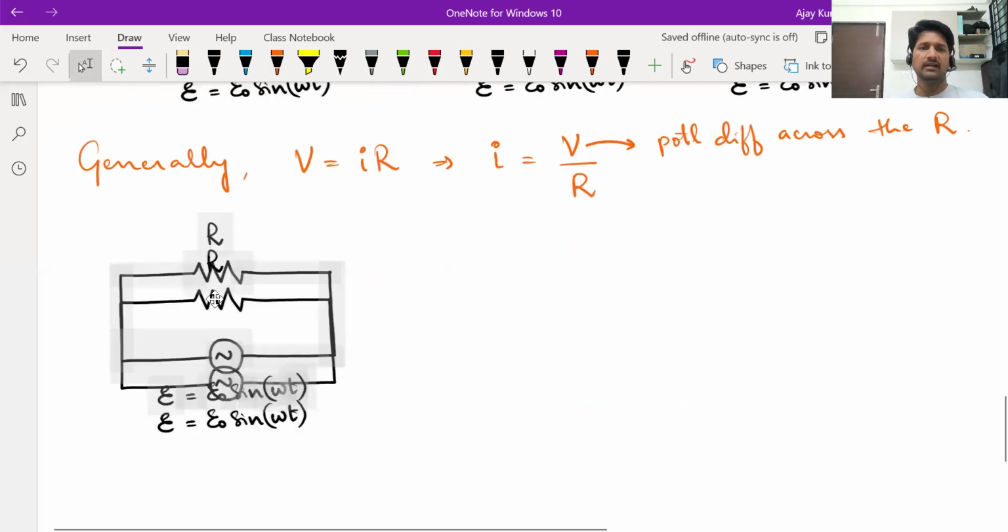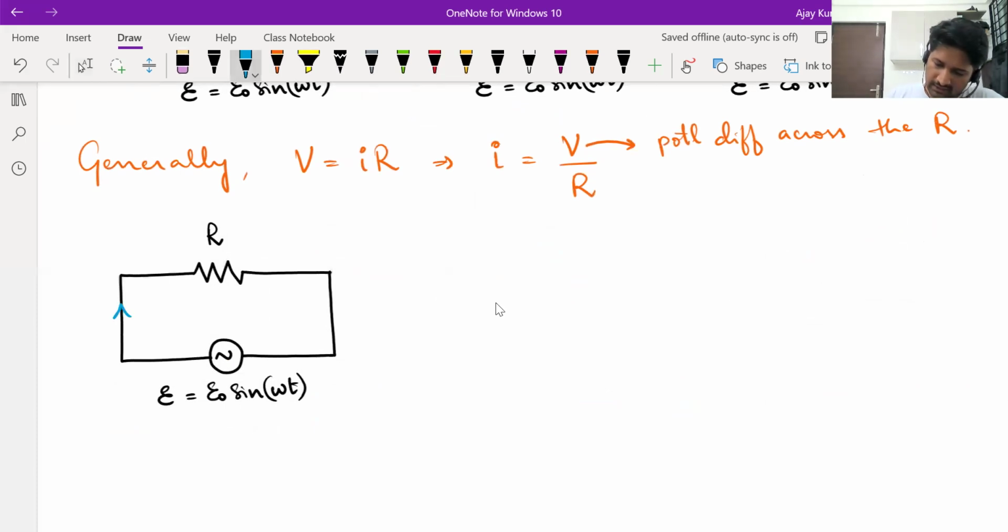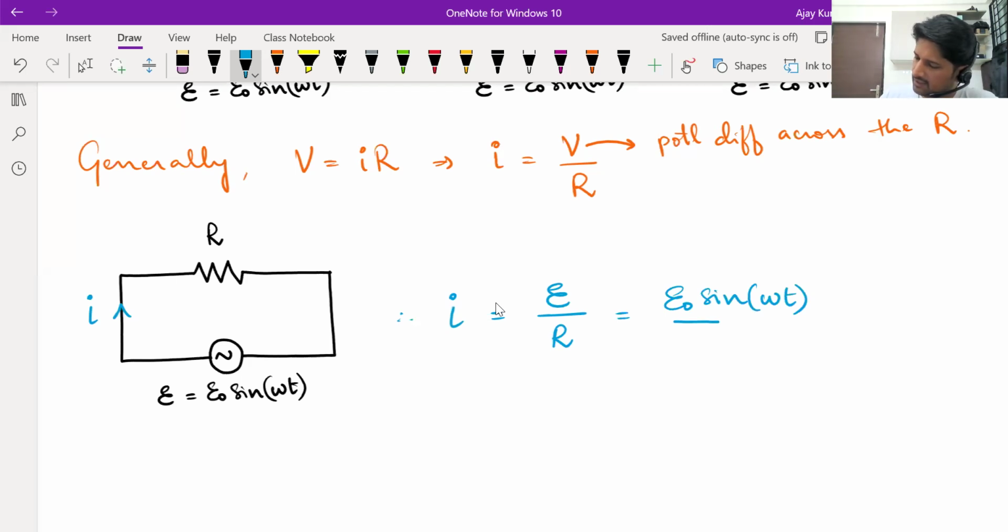We are applying an alternating voltage across that resistance. Whatever is the potential difference developed by the source, that itself will be the potential difference across this resistor. Therefore, the current in this loop can be expressed like this. It is the applied EMF divided by the resistance. And the applied EMF is an alternating EMF. The resistance can't do anything about it. So it becomes E naught sine omega t divided by R.